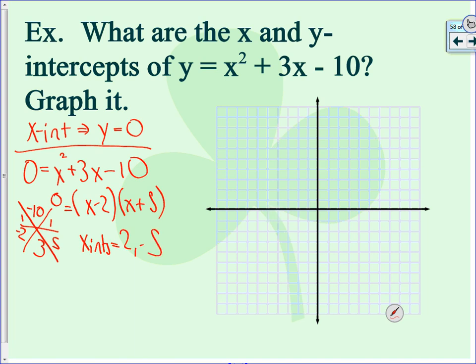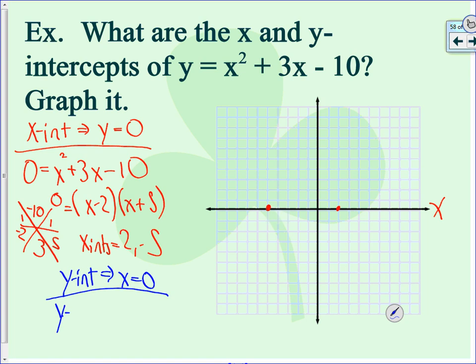Any questions on that? So on my x-axis, I'm going to graph 2. There's 2 and negative 5. 1, 2, 3, 4, 5, negative 5. Now I'm going to graph my y-intercept, but first I have to find it. The y-intercept occurs when x is 0.